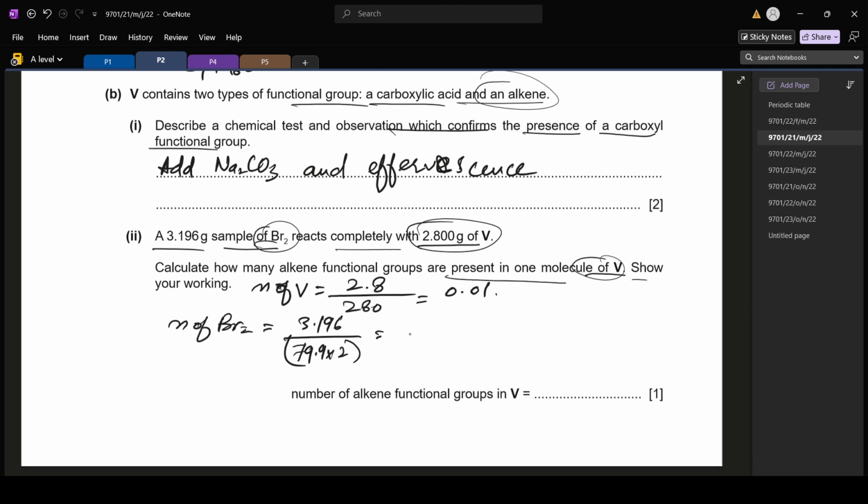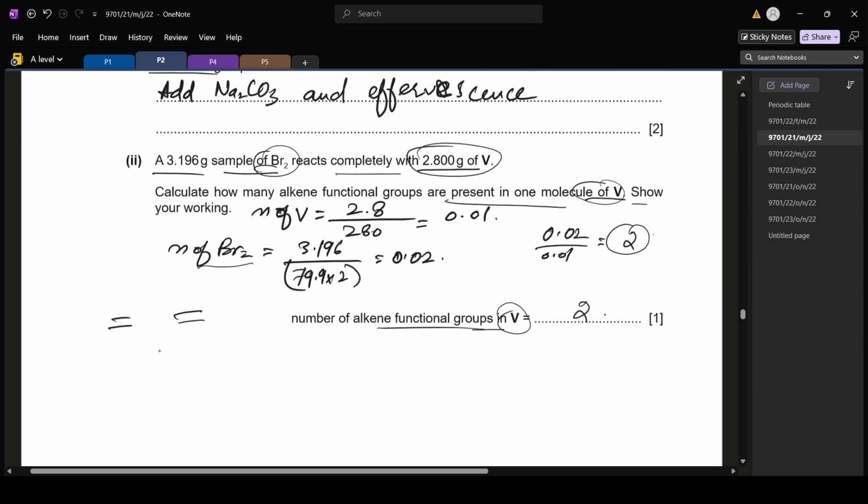Okay, so this will give you 0.02. So from here you can see that 2 moles of Br2 are reacting with 1 mole of V. So the number of alkenes in V is going to be 2, because with one alkene 1 mole of Br2 is reacted, and when there are 2 double bonds, then 2 moles of bromine will react.